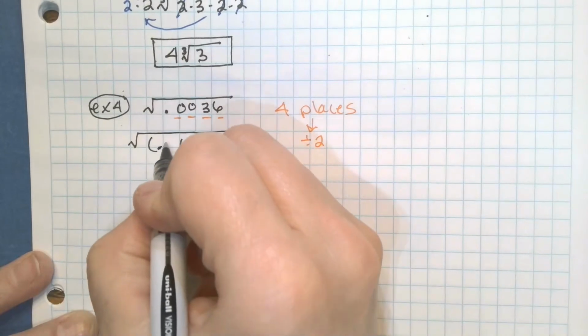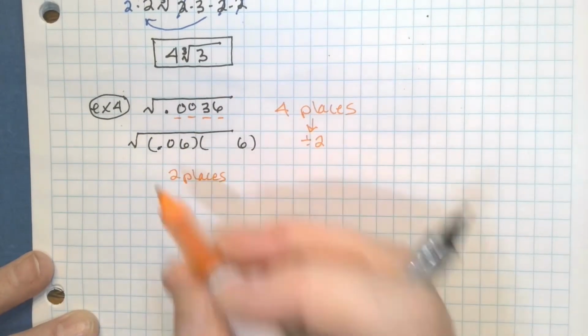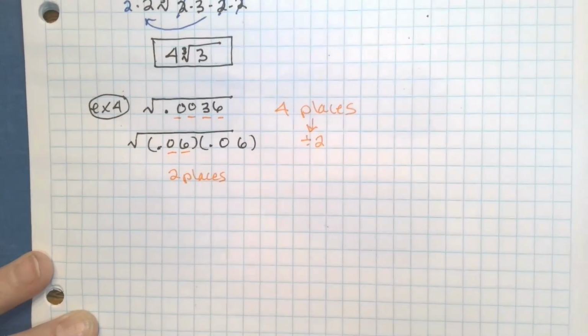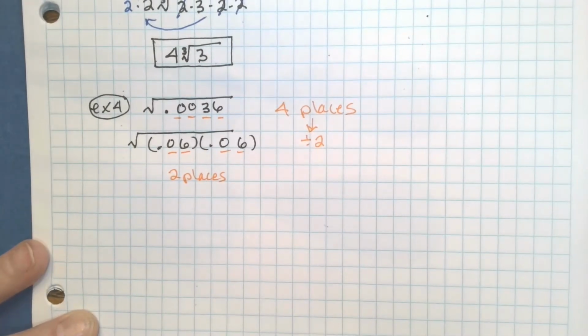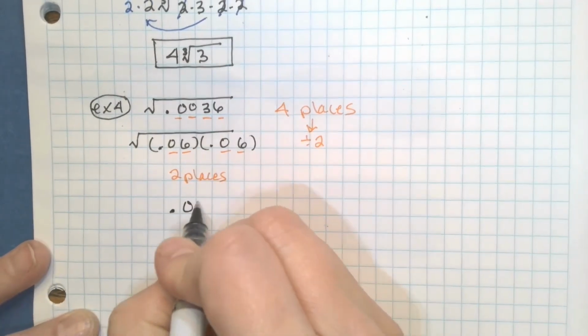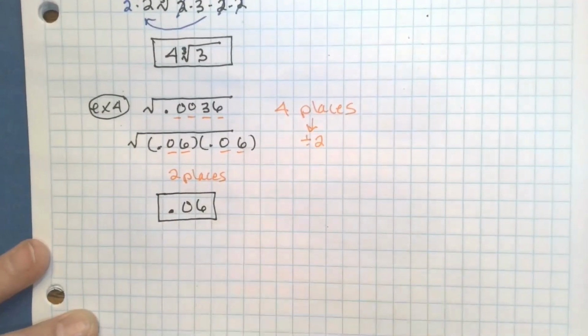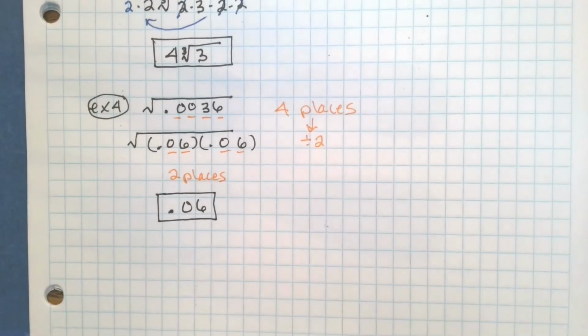So you're going to do a 0.06 for the first one, 2 places, and 0.06 for the second one, 2 places. Now we have 2 identical decimals, 2 0.06's, 1 comes out. There's nothing left inside the radical, so the radical disappears entirely. Your answer is 0.06.